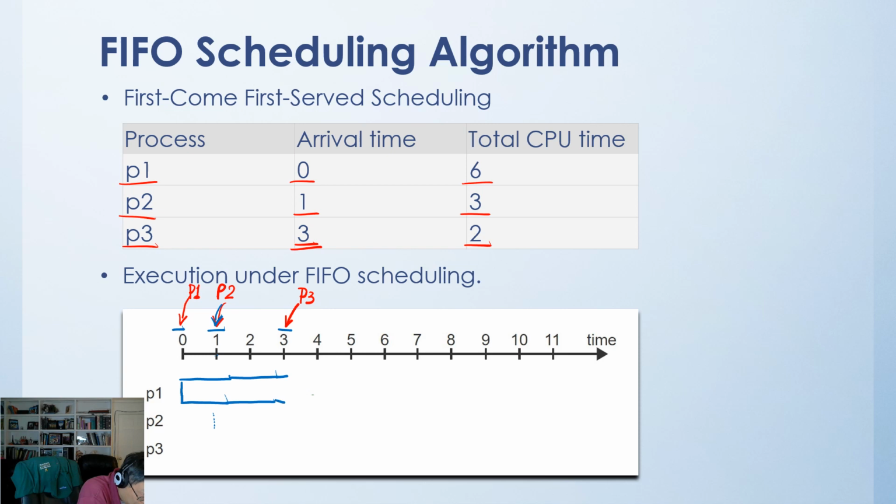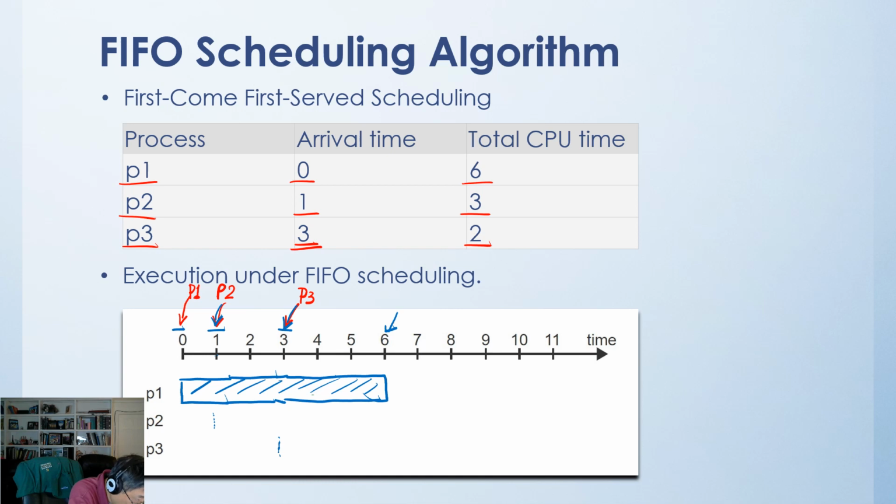When process 1 runs to about time 3, process P3 arrives. But process 1 continues to run until it completes its job at time 6. Now there are two processes competing for the CPU.